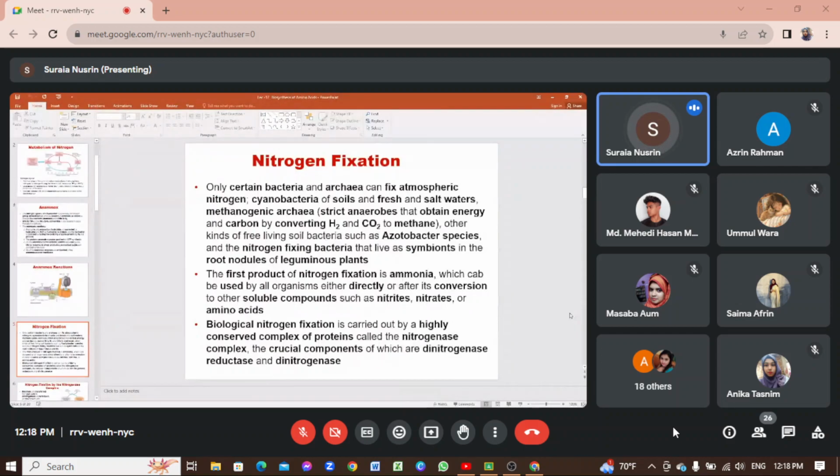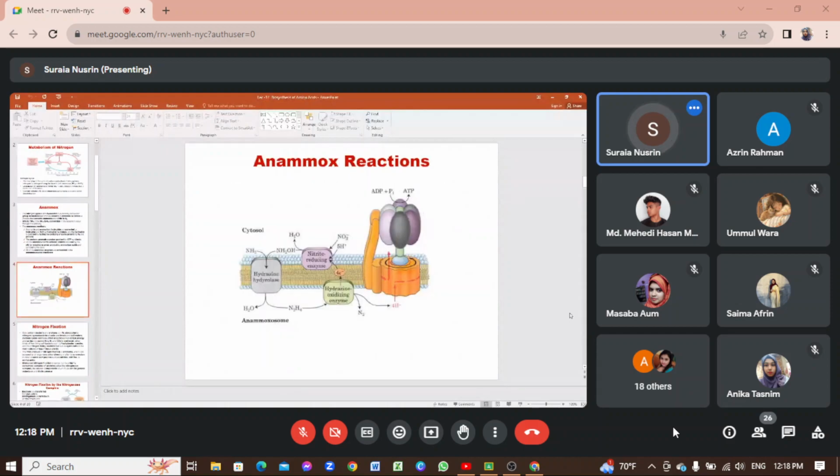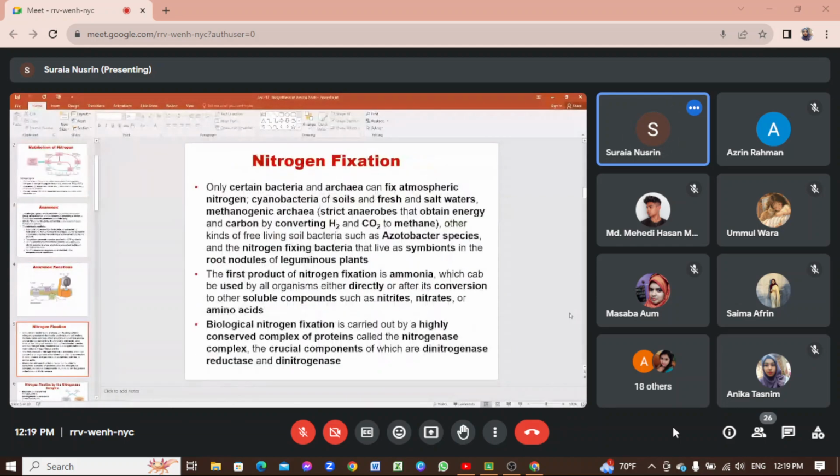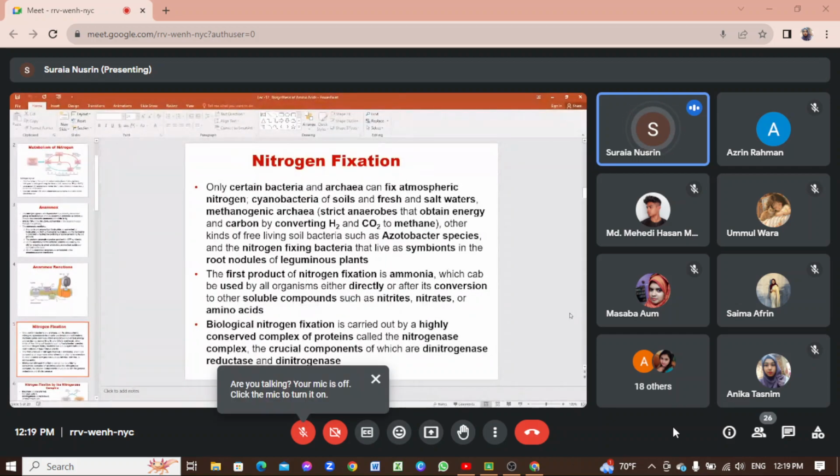So those plants are very rich in protein. Now the very first step, if we go back to the cycle, is where the nitrogen is fixed as ammonia, and then that is eventually converted into soluble forms of nitrogen, the nitrogen oxides such as nitrites, nitrates, and eventually amino acids.